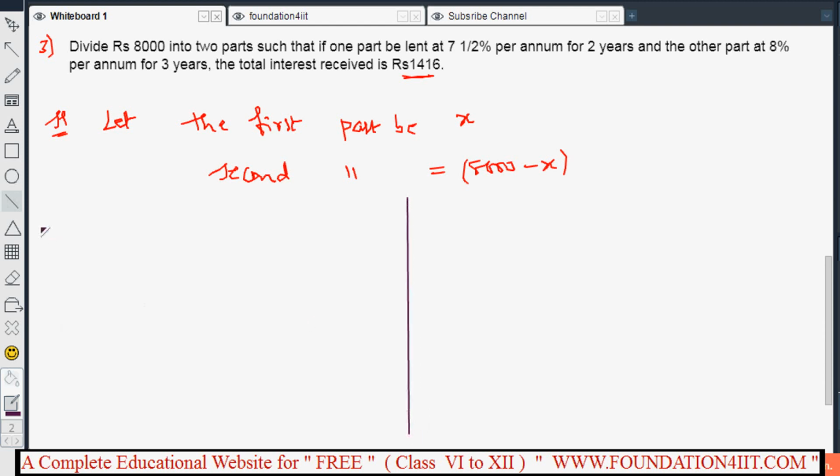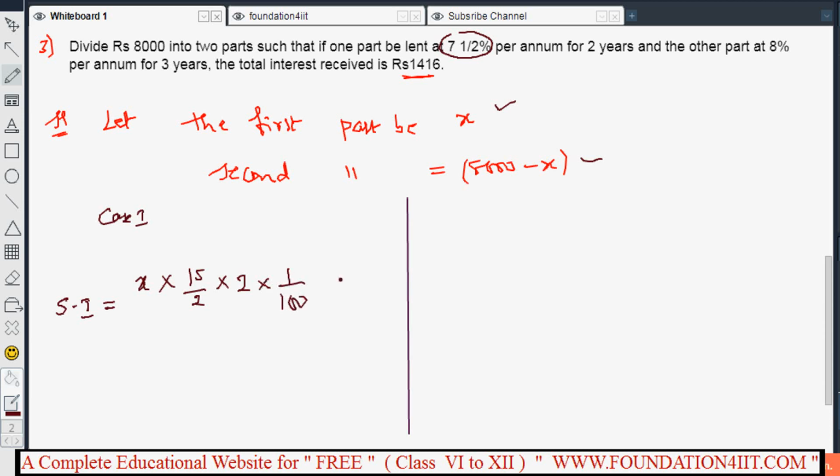Now case 1. The simple interest formula is PTR by 100. The principal for the first part is x, into rate percentage 7.1/2, that is 15 by 2, into time 2 years, by 100.